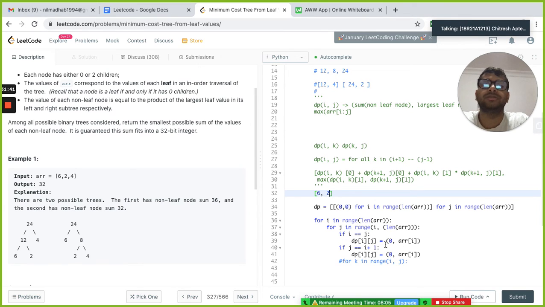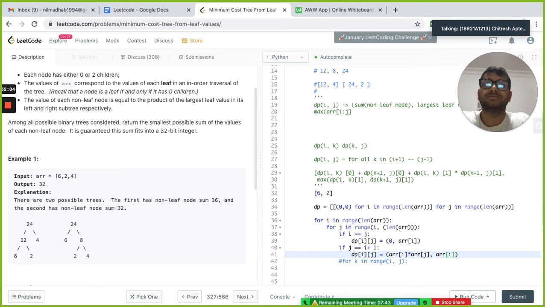So it will be ARR of i into ARR of j, comma max of ARR of i and ARR of j. That second value will also get updated, max of both.